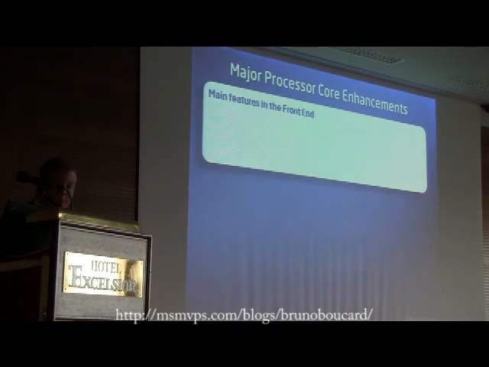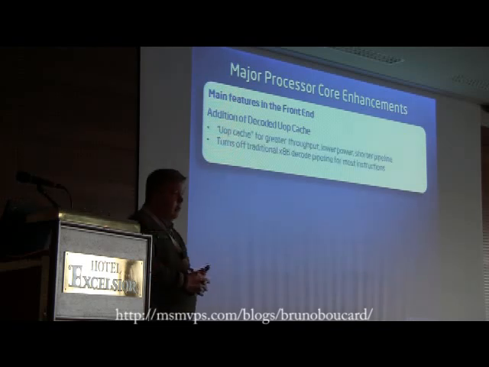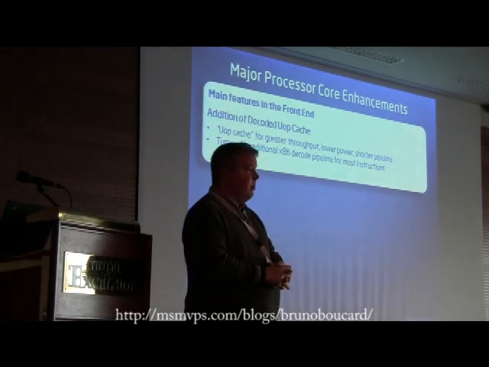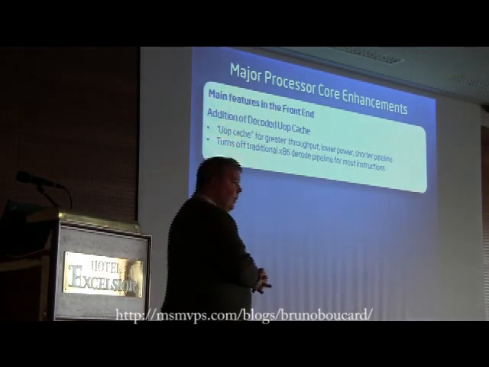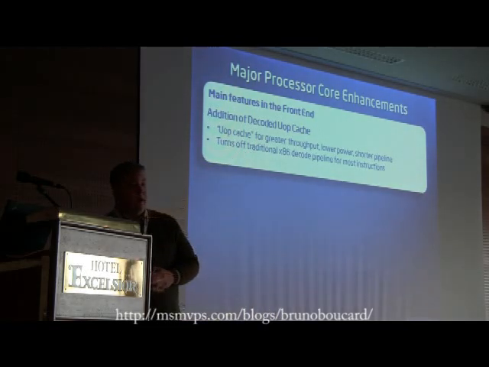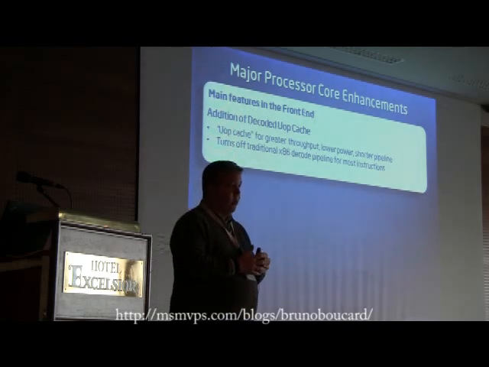So the processors, we talk about front end and back end usually. One of the things that we did to the front end was to add what's called a decoded micro-op cache. For those of you who are familiar with microarchitecture, we actually had something like this in the beginning of Pentium 4. It has value. And when the Core family was created, that was switched for more powerful decoders.